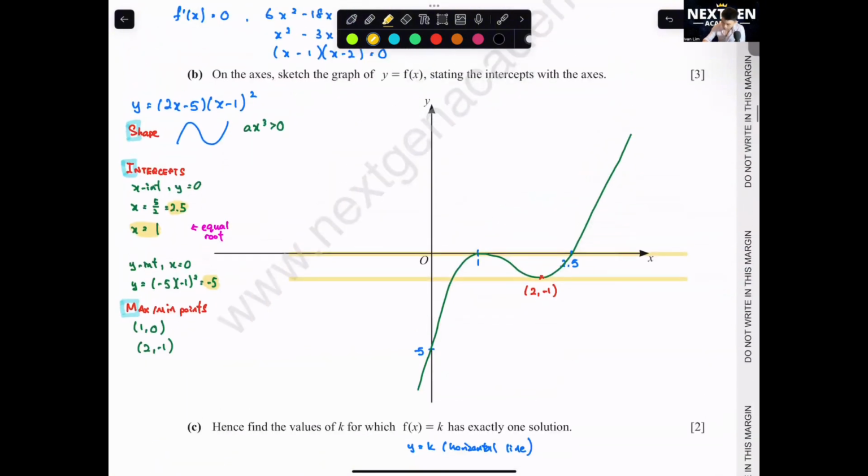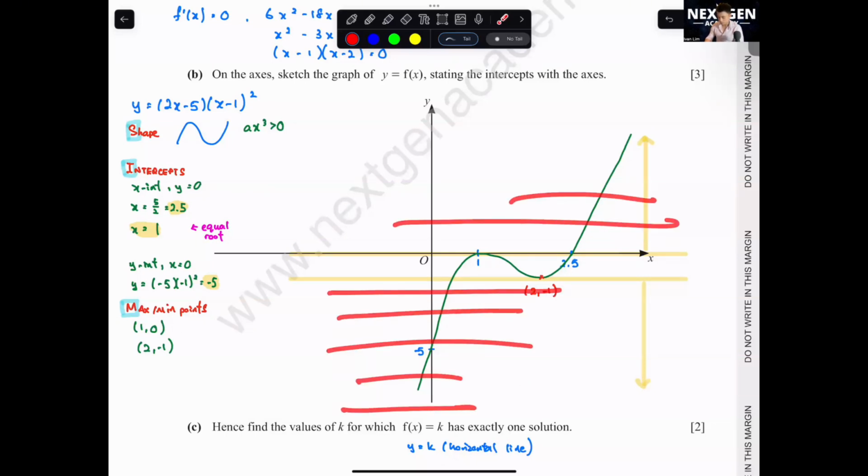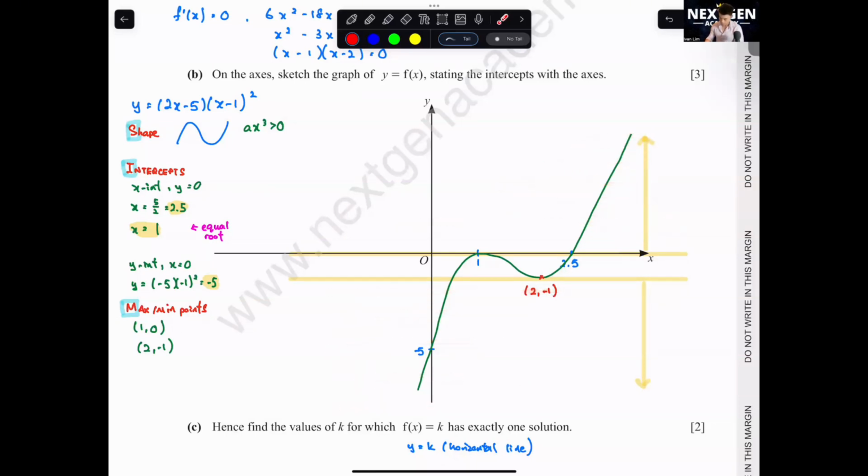Anything above this yellow line and anything below this yellow line will be one intercept. Because you see here, all one time only, right? Here also all one time only, right? So what would this line be called? We look at the y. This is y equals k.